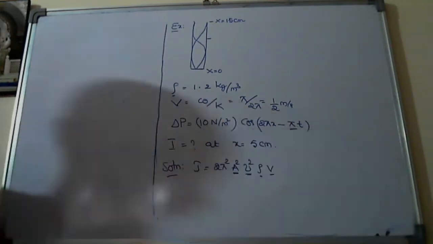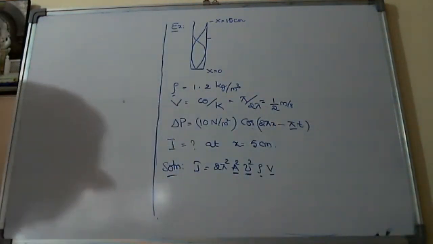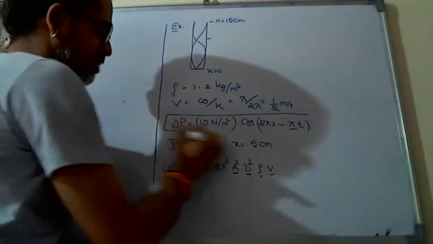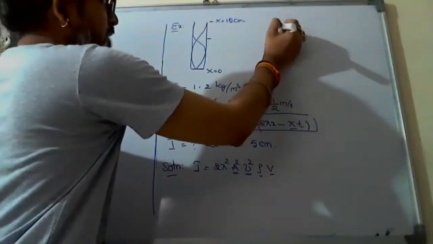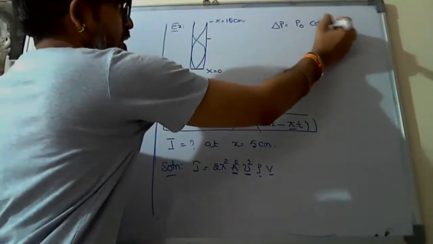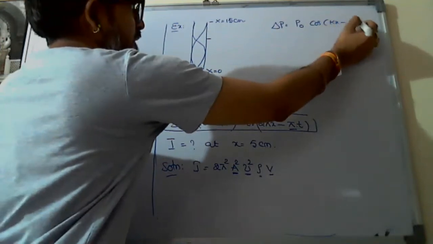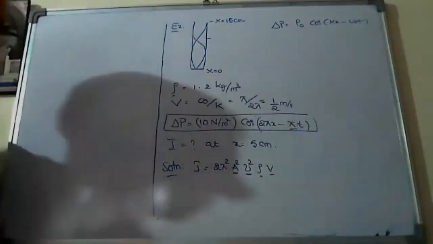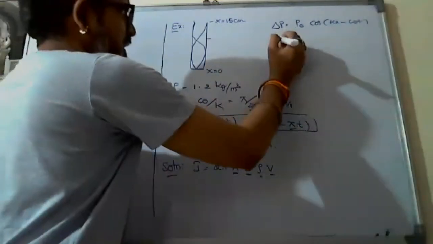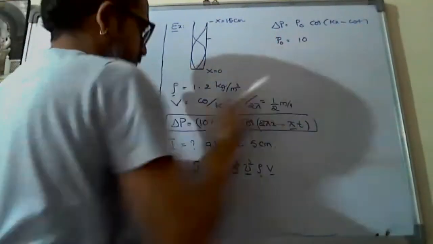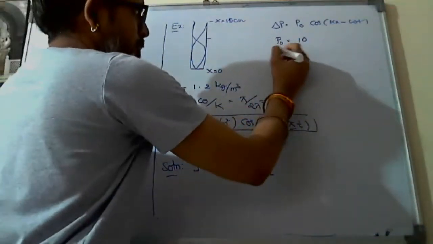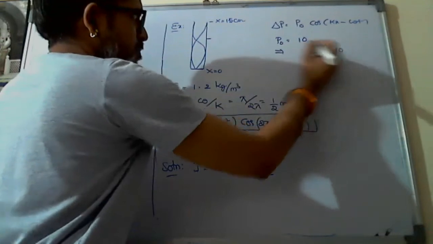If I require only A there, look, it is in the form of a pressure equation. Pressure equation means the pressure is equal to, I think you remember, P naught cos of kx minus omega t, either plus or minus. Where P naught is exactly 10, given in the equation, 10 Newton per meter square. Where P naught formula, I think you remember. What is the formula for P naught, Nana?